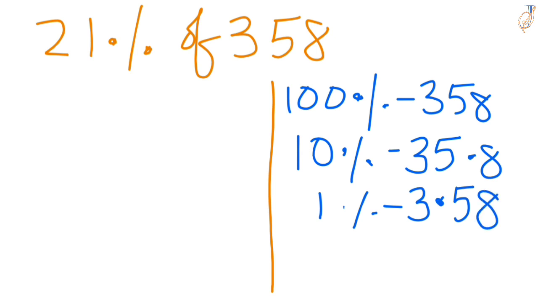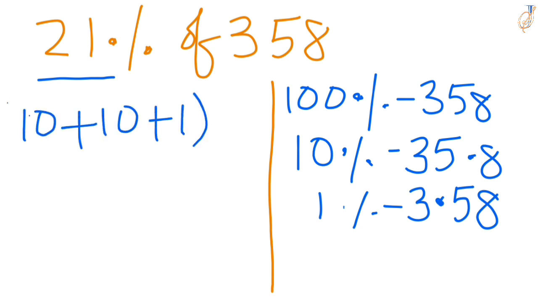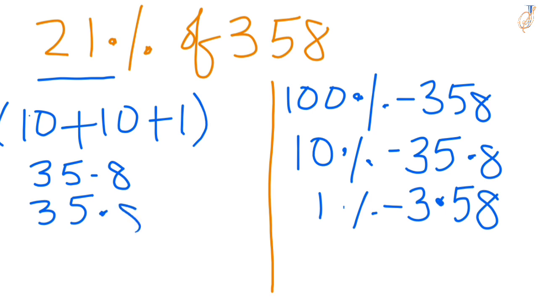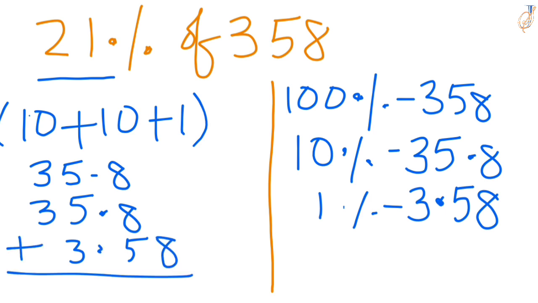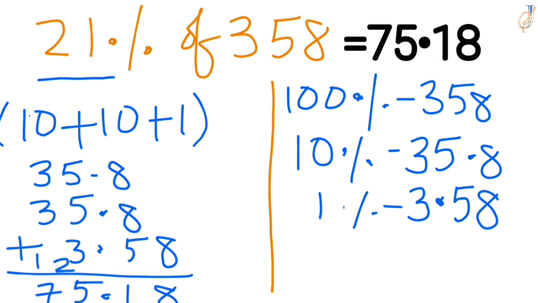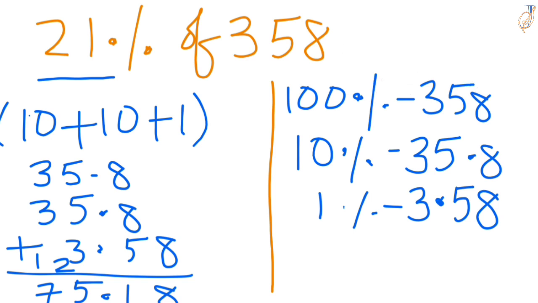And here they are asking 21%, so you have to write 10 plus 10 plus 1. What is 10%? 35.8. Again plus 35.8. Then plus 1% is 3.58. If you do addition, you will get the answer 75.18. 21% of 358 is 75.18. Simply you can solve like this. Within 2-3 seconds you can find out easily.